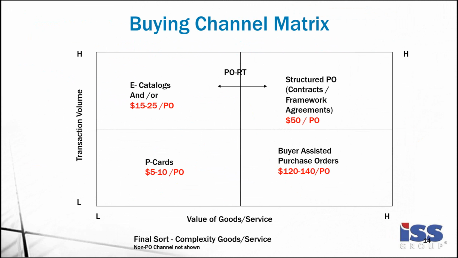So this price over here varies quite a bit, but you can see the differences in your channel and how putting the right materials and the right authority and the right capabilities in place can really impact your cycle time and your cost of generating a PO and your end user satisfaction as well. Okay, next slide.